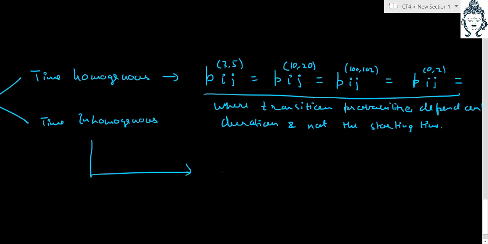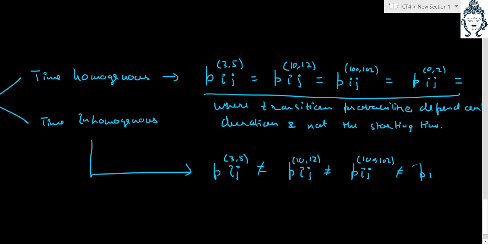For a time inhomogeneous Markov chain, the probability of transitioning from I to J from 3 to 5 will not be equal to the probability of shifting from I to J from 10 to 12, which will not be equal to shifting from I to J from time 100 to 102, which will not be equal to transitioning from I to J from time 0 to 2, right?